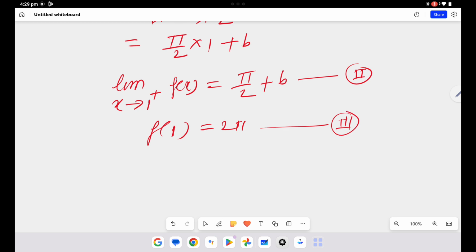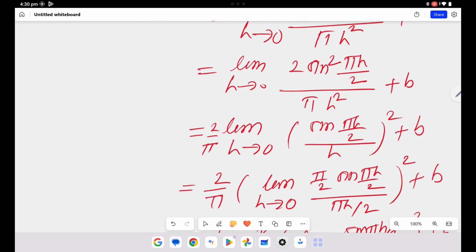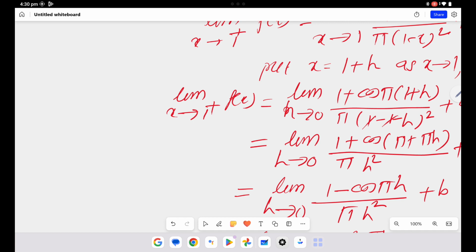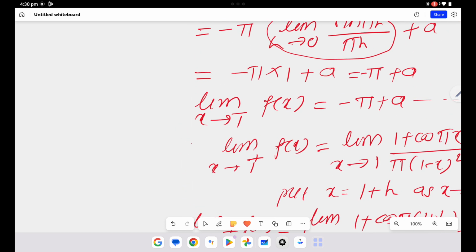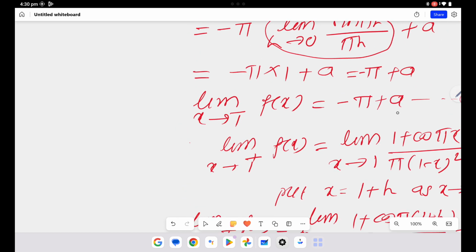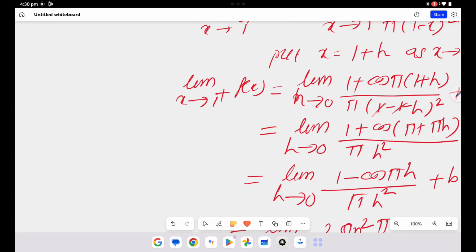Therefore from equation first, second and third. From equation first, minus pi plus a. This is equation first.